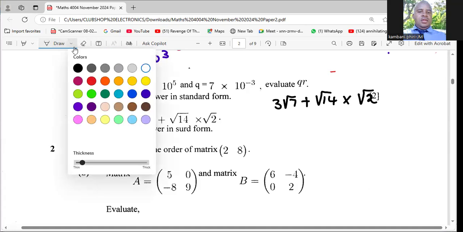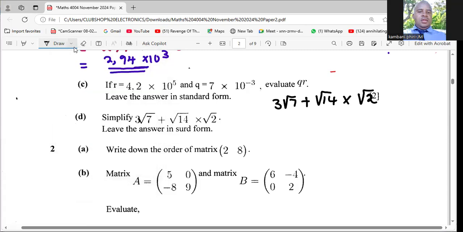So what do we have now in this case? If you apply your BODMAS, we can deal with multiplication here, implying therefore that 3 square root of 7 plus, we can deal with what is here.